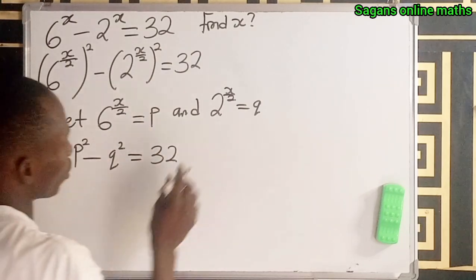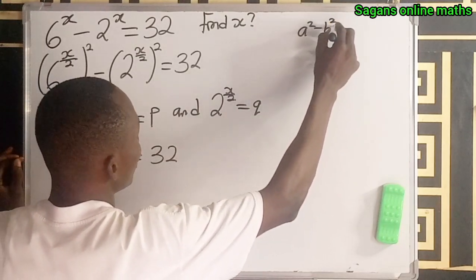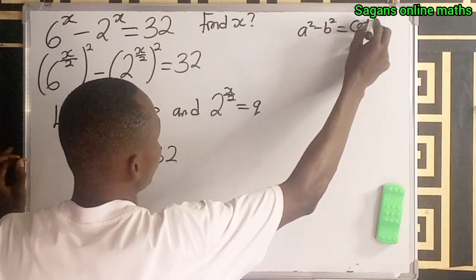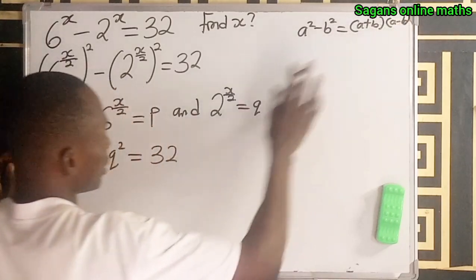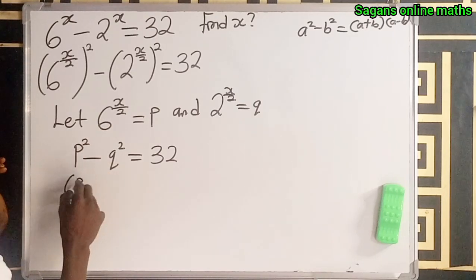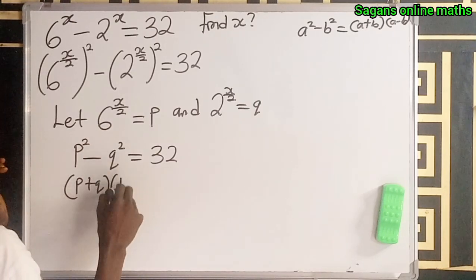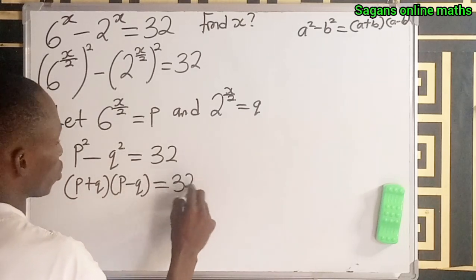We know the difference of two squares: a to the power of 2 minus b to the power of 2 is equal to (a plus b) times (a minus b). This is the definition of difference of two squares. So I can have this as (p plus q) times (p minus q), everything equals 32.